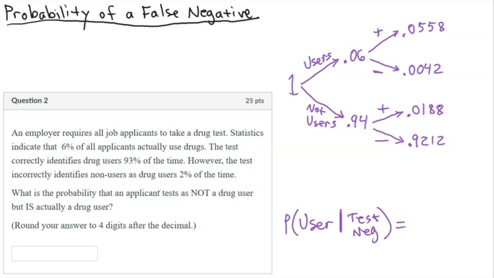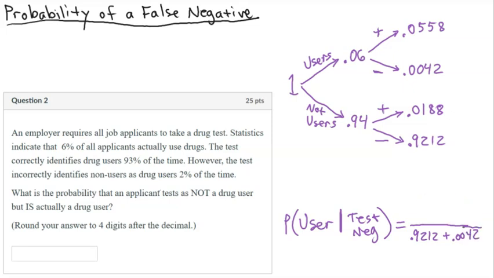Okay? And so we want all the people that test negative in the denominator. So that's going to be 0.9212, plus these people also tested negative. That's 0.0042. So that's the denominator.